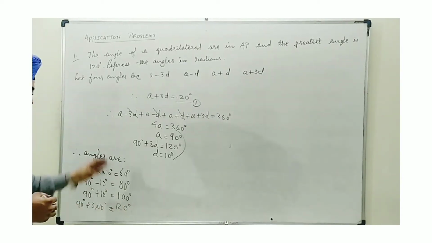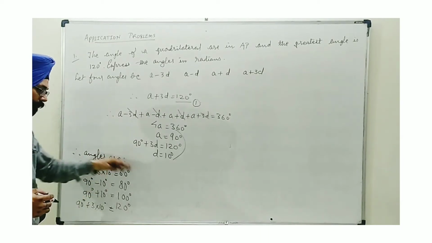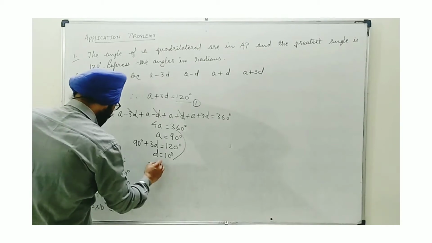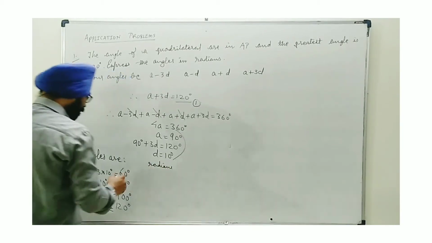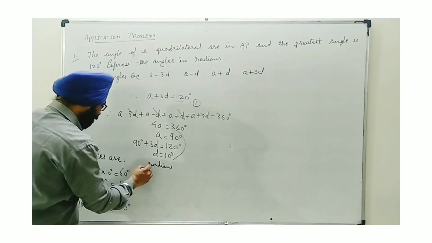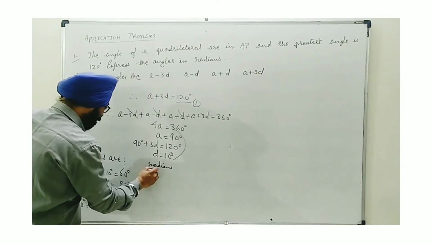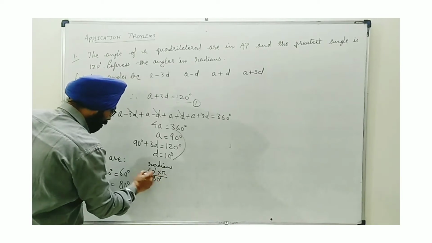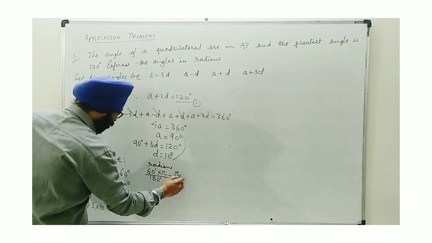So this is in degrees. Now we have to convert them into radians. You can write here a column, radian. So 60 degrees to be converted in radian. The same thing we are going to do: 60 degrees multiplied by pi divided by 180. Six threes are 18, so we will get pi by 3.